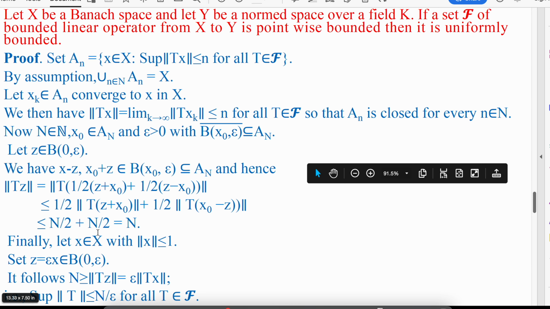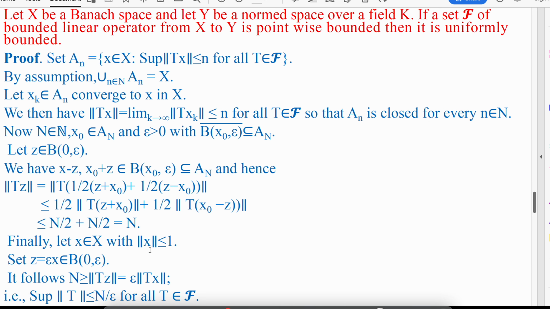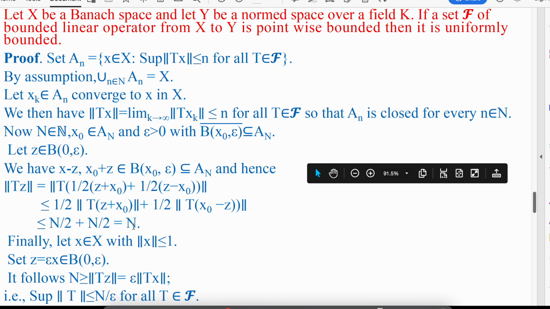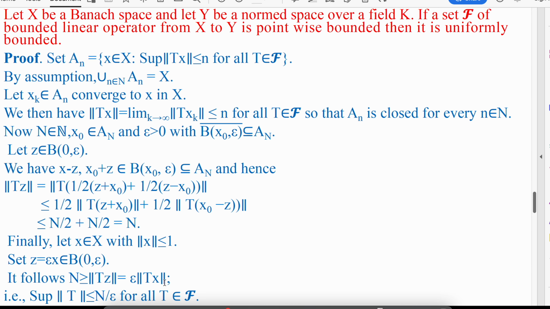Finally, suppose x belongs to X with norm x less than or equal to 1. Suppose z is equal to epsilon x, and this belongs to the ball centered at 0 and radius epsilon. It means n is greater than or equal to norm Tz, and this is equal to epsilon times norm Tx, because z is equal to epsilon x.